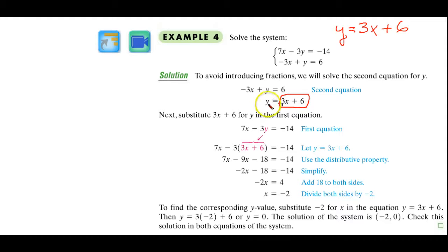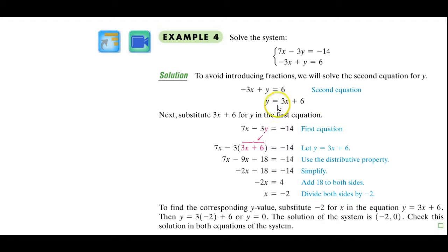Now you're going to take that value for y, and in the other equation where that y is, you're going to put it there in parentheses because you're going to have to multiply through. And then grouping like terms, transposing, you get your first term, x, is a negative 2.